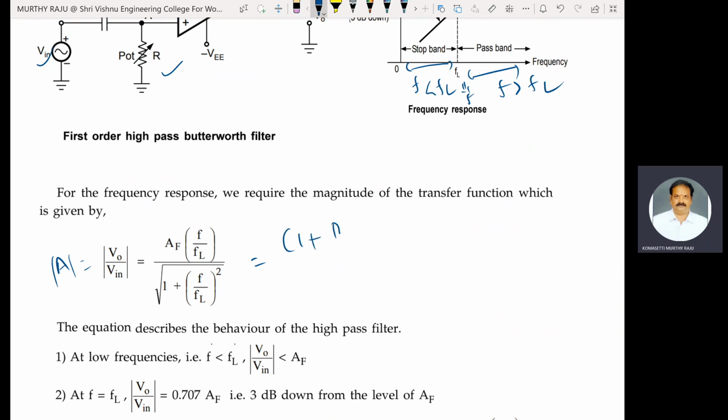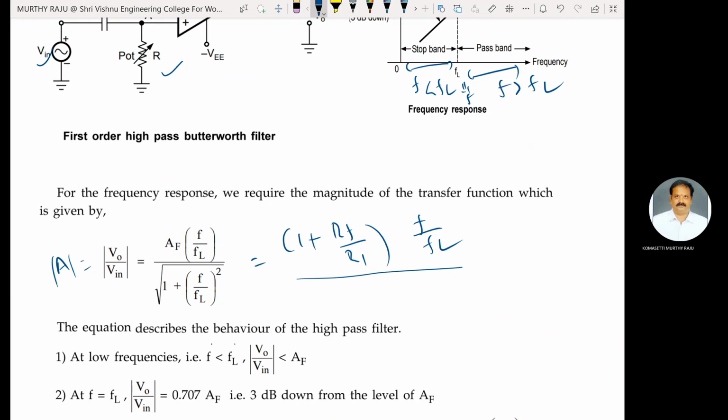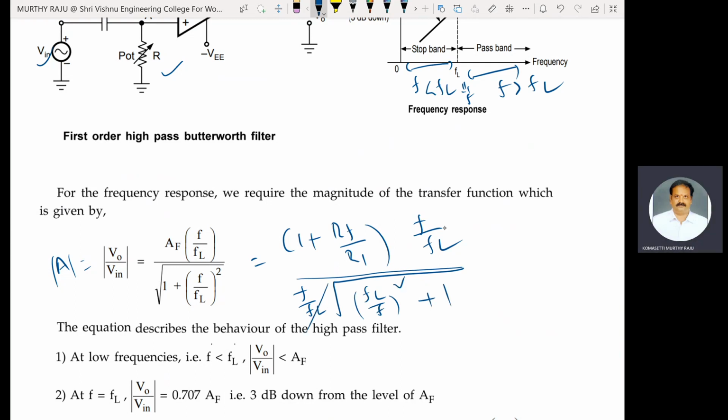AF is equal to 1 plus RF by R1 because the op-amp is in non-inverting amplifier configuration. Here the common term is F by FL, so this is equal to 1 plus RF by R1, that is AF as usual, by square root of 1 plus FL by F whole square.